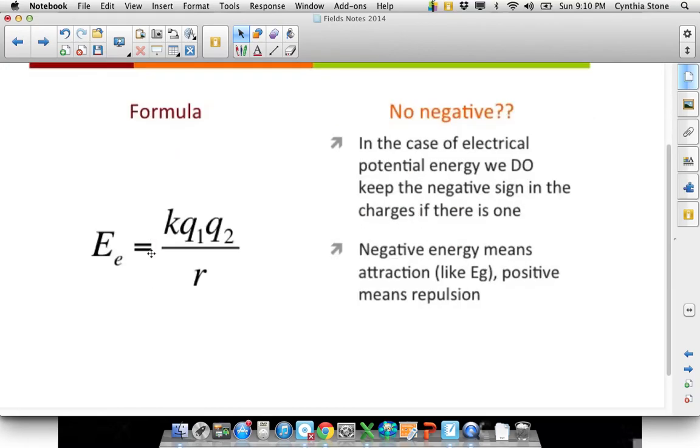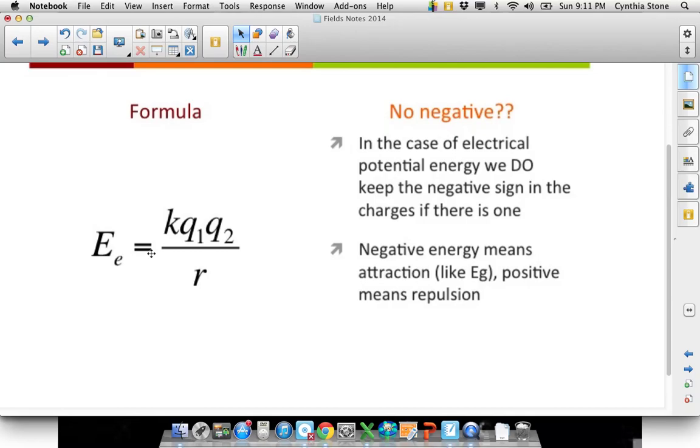And the reason is the negative, I never mentioned this during that unit, but you could think of that negative with the gravitational potential energy in general as referring to an attraction, right? If you stuck some object around Earth somewhere, it would have a negative gravitational potential energy and it would be attracted towards the Earth, and that negative sort of reflects that.